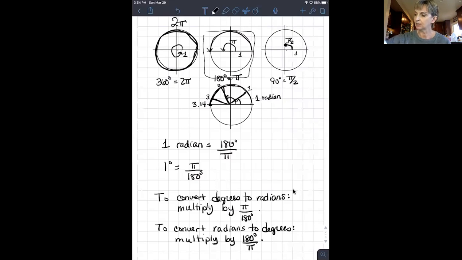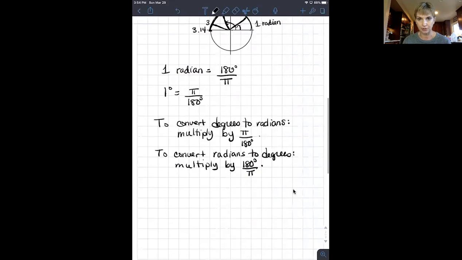Okay, let's do an example. We'll do one together, and then I'm going to have you do one by yourself. Let's say we want to express 60 degrees in radians. This is an example of needing to convert degrees to radians.